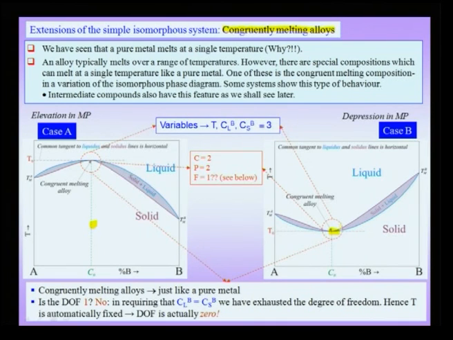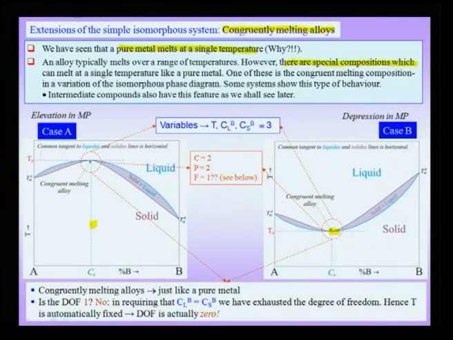Before we consider these diagrams, we have previously noted that a pure metal melts at a single temperature, and we have noted that compositions having two elements, for instance copper and nickel, melt over a range of temperatures. However, we will note that there are special compositions which can melt at a single temperature like a pure metal, and these are called congruent melting compositions.